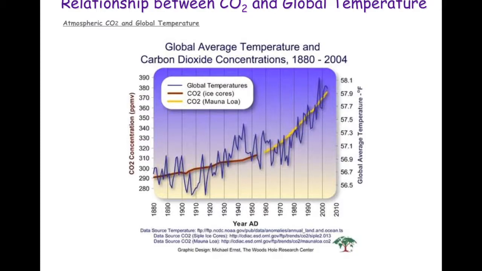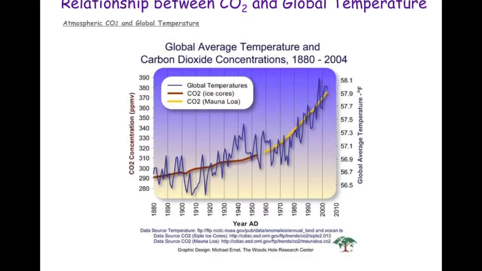He invented a device that measured the amount of carbon dioxide in our atmosphere, and it showed that the amount was steadily increasing from about 300 parts per million to currently 390 parts per million. Why is this important?